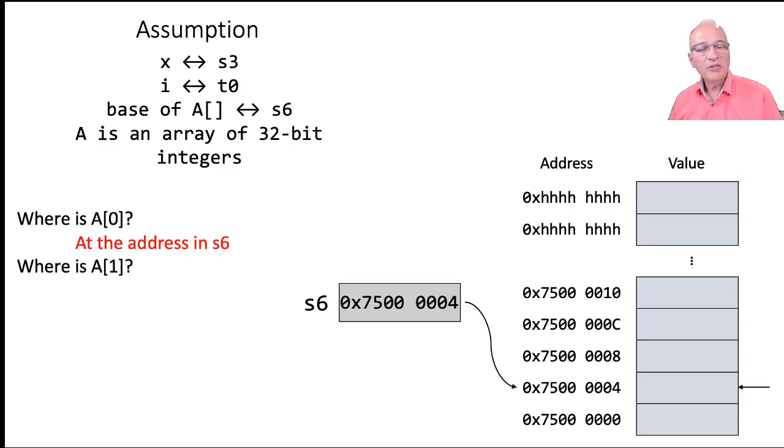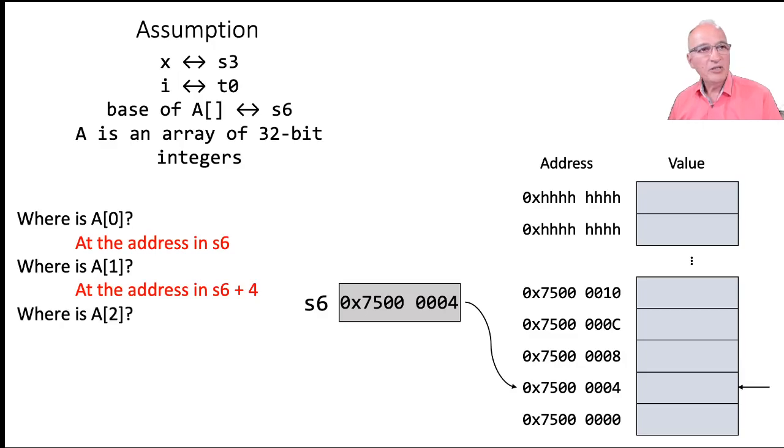Where is the element A1? The element A1 is the next element after A0. Therefore, it will be in the position immediately above A sub 0, and it will be then at the address S6 plus 4.